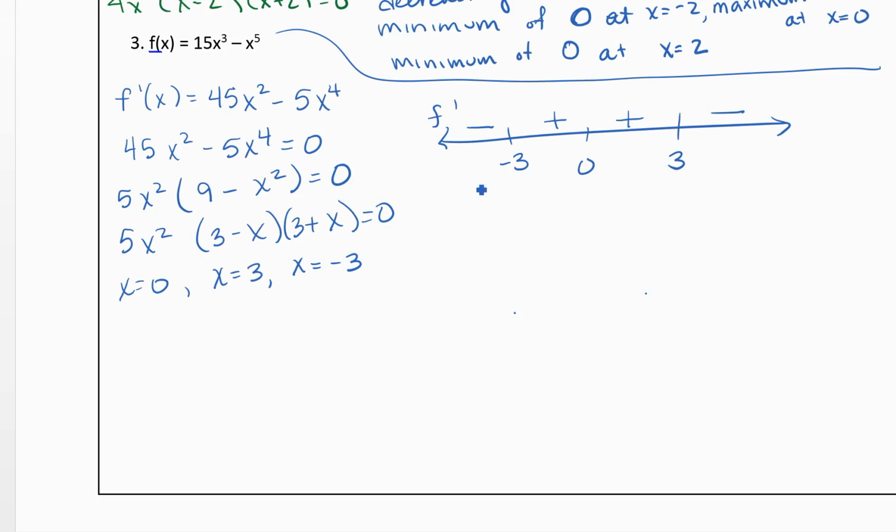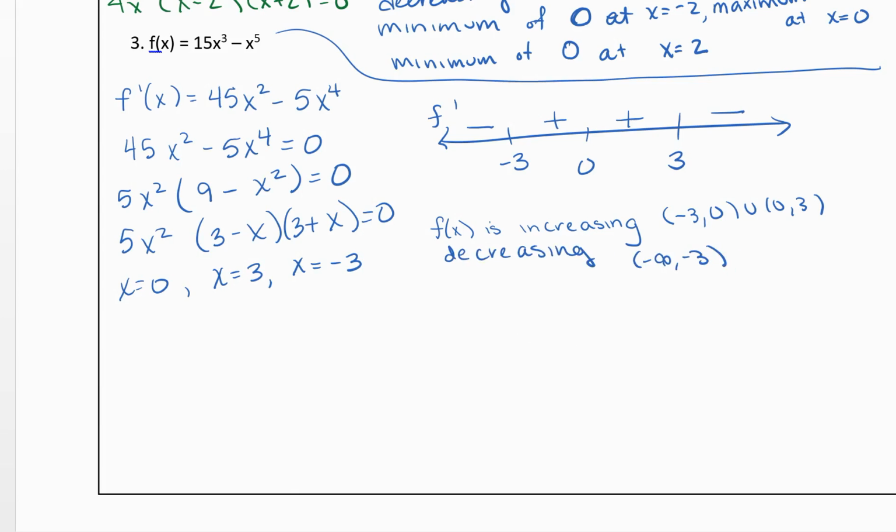So when we say we're increasing, we're going to say f of x is increasing from negative 3 to 0, and then from 0 to 3, and we're decreasing from negative infinity to negative 3, and from 3 to infinity.